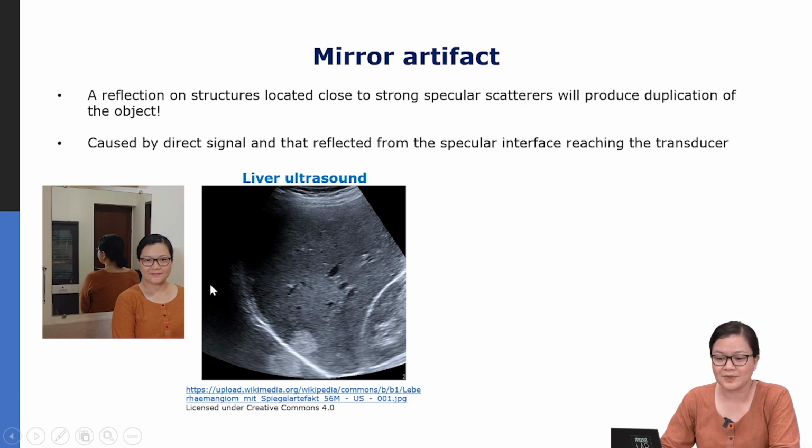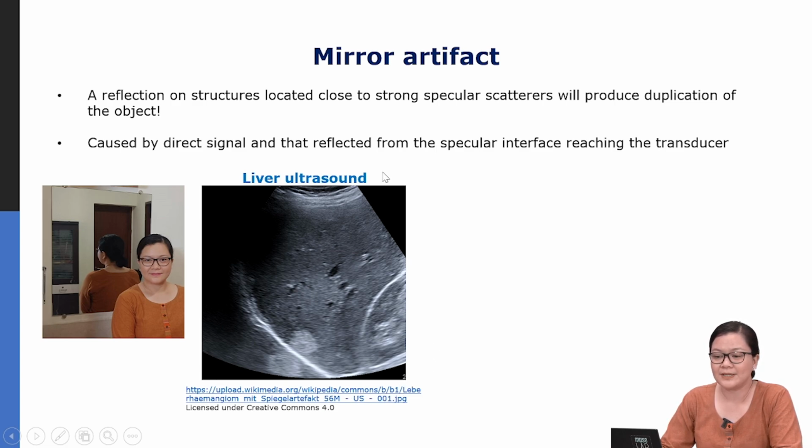To give you an example here, I am standing in front of a mirror and a camera is taking a photo of me. But as you can see, I am also visualized in this photo because of the mirror image. The same thing can happen in an ultrasound image.